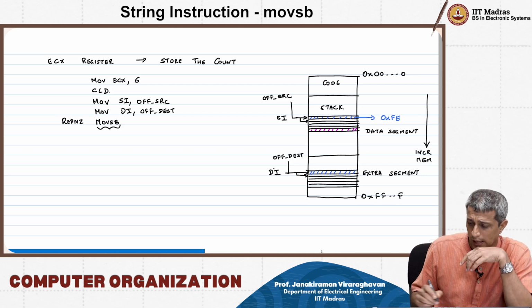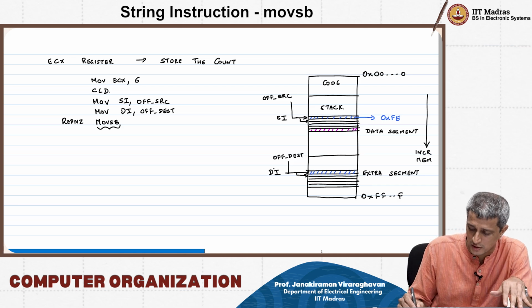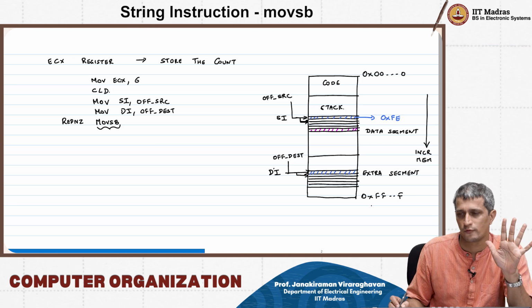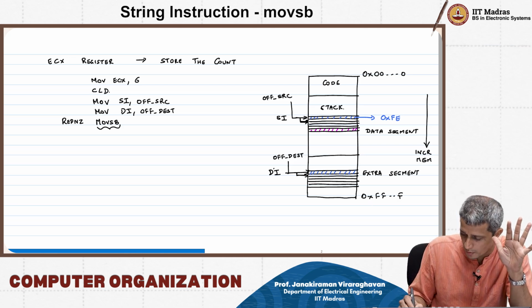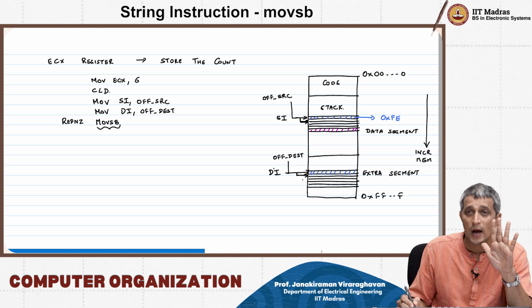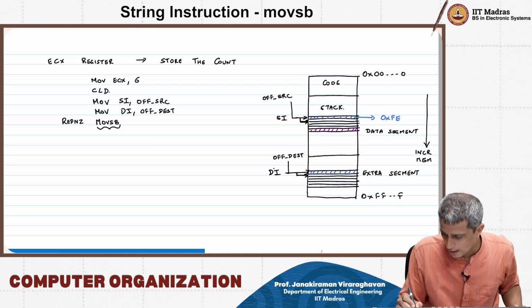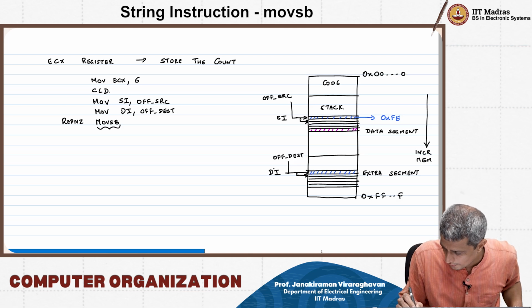Okay. So what will happen? You will start with this operation, at which point ECX will become 5. EDI will also be pointing here. Then you again do a moves byte, and automatically my ESI will point here.